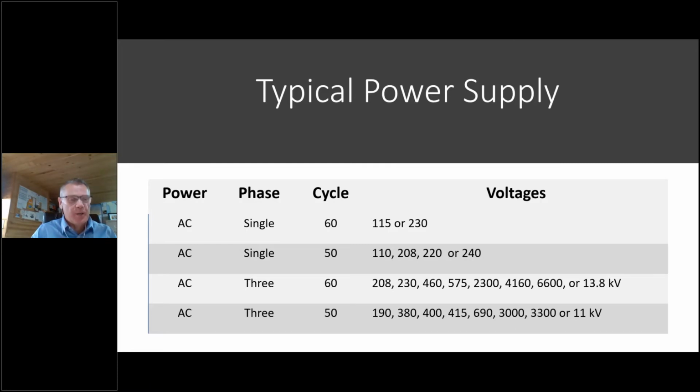Definitely relate to Canada. On the three-phase side, 60 hertz can go anywhere from 208 up to 13,800 volts, so 13.8 kV. In our industrial plants, we're talking often about 4160.